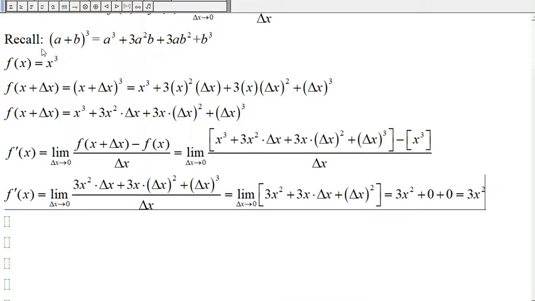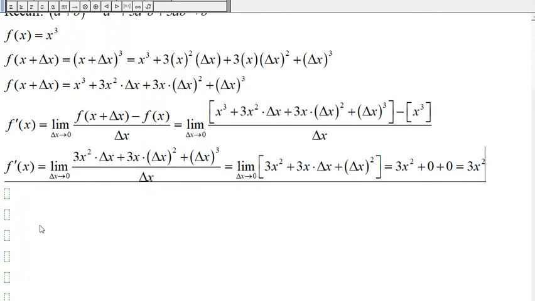So for the function f of x equal to x to the third, the derivative is 3x squared.